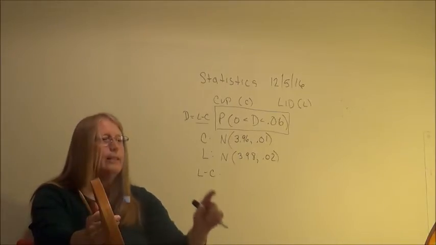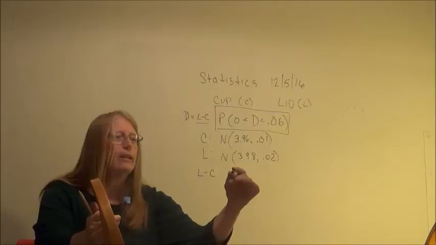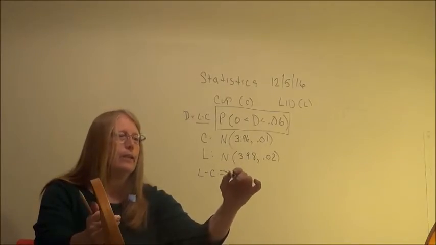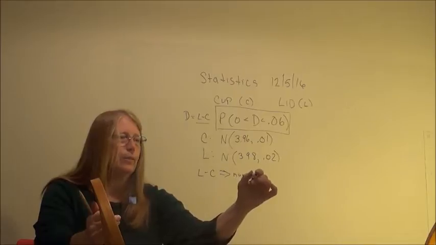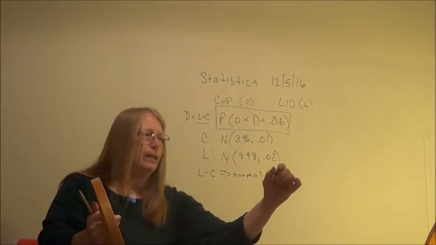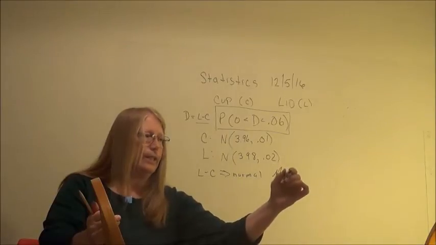So we know that this difference is a normal. So L minus C is a normal curve as well. I need to know the standard deviation and the mean of this difference, which I'll call D.